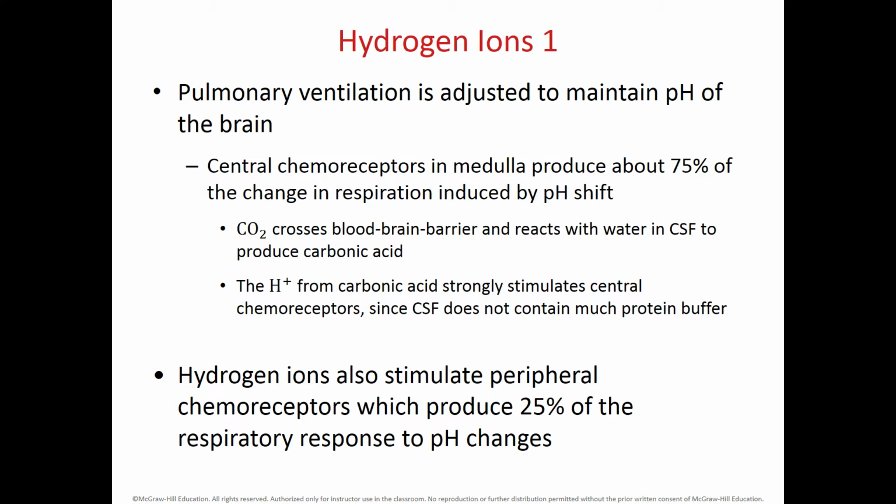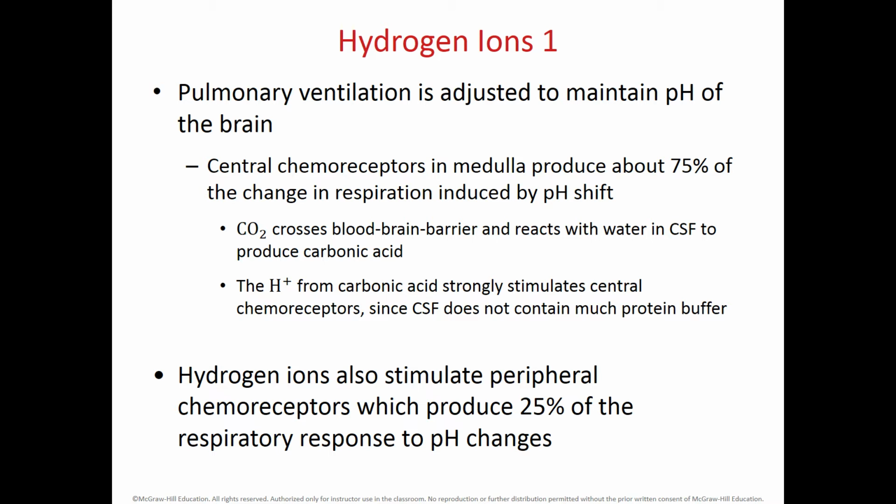So whenever we have CO2 going into our brain, this CO2 will stimulate these central chemoreceptors, and then they will produce a 75% change in the respiratory rate, because you induce increased levels of hydrogen ions. So this will be detected because we have these chemoreceptors that detect not only the hydrogen but also the carbonic acid.